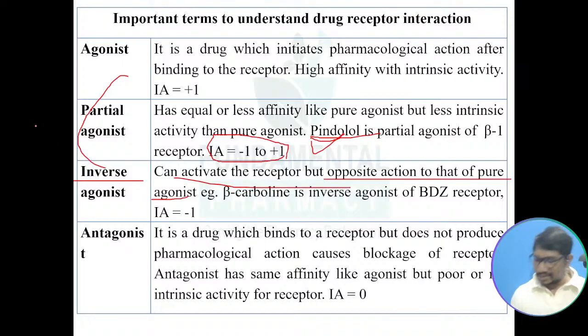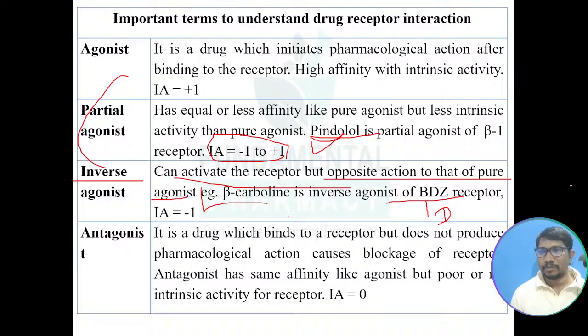For example, and the example is very important, beta carboline is the inverse agonist to the benzodiazepine receptor. The pure agonist of the benzodiazepine receptor is diazepam.